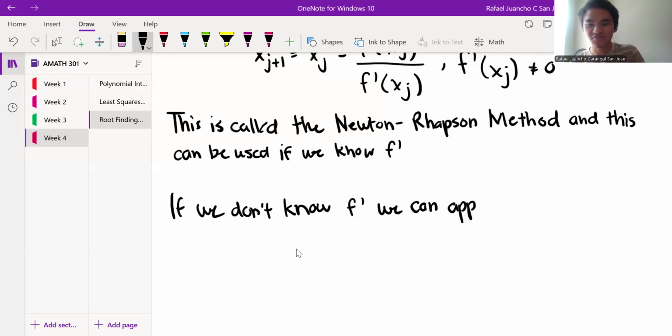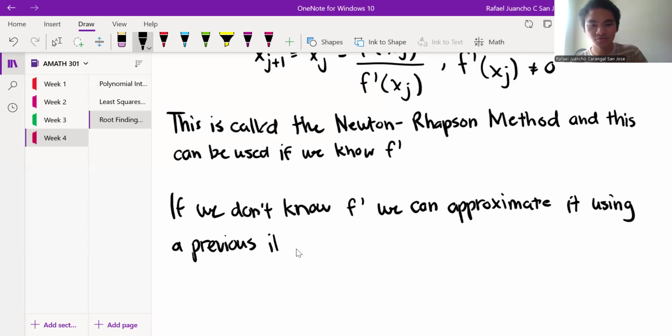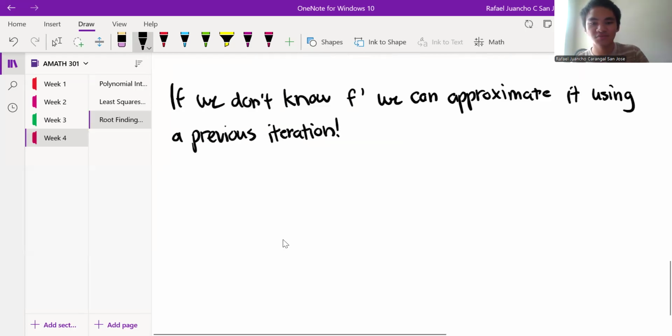We can just simply approximate it using a previous iteration, right? So we can just do that. So how do we approximate this? So let's do this. And this is approximately our limit.